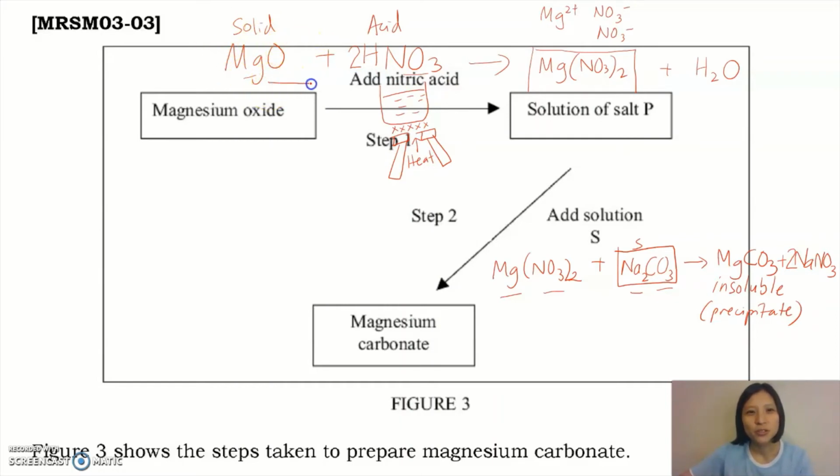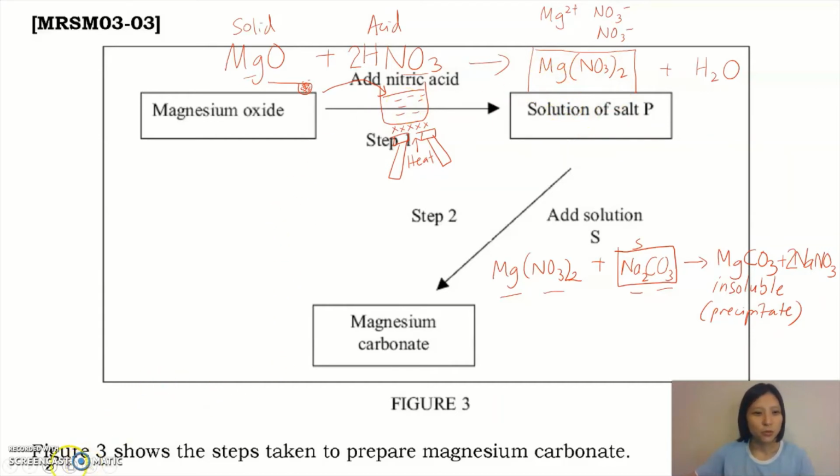MgO is a solid, so use a spoon. Add solid MgO into the acid slowly, little by little, and keep stirring until the MgO does not dissolve anymore. So the MgO is in excess. That is how we prepare this solution of magnesium nitrate.